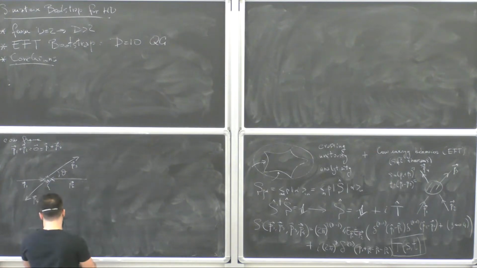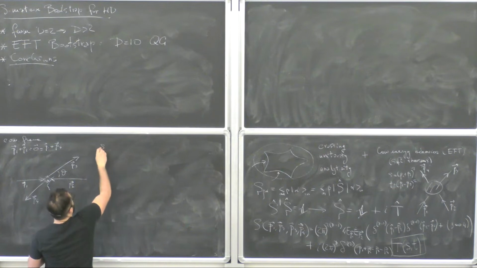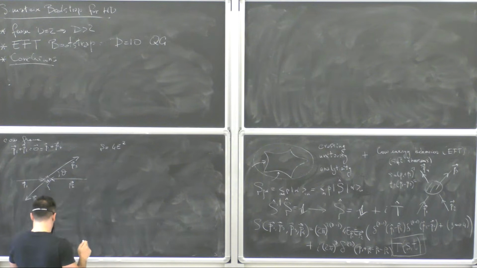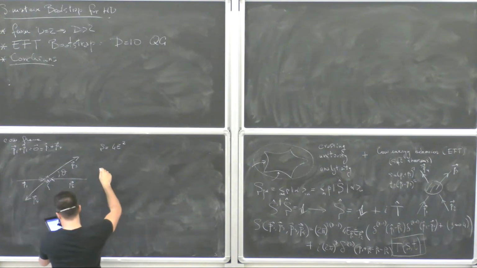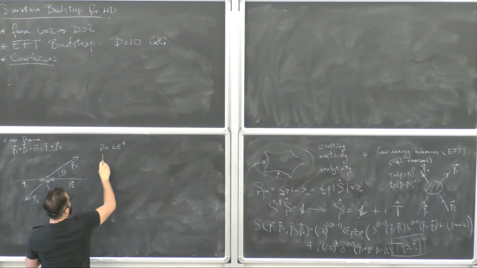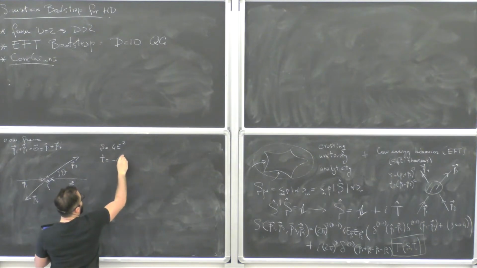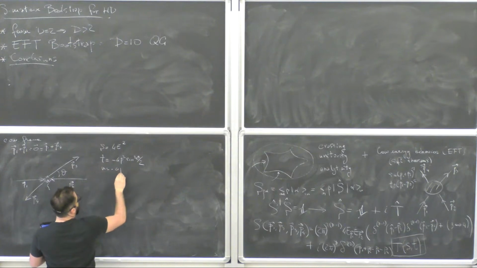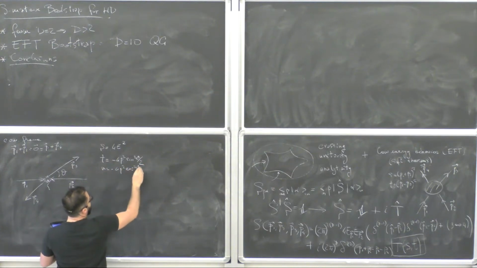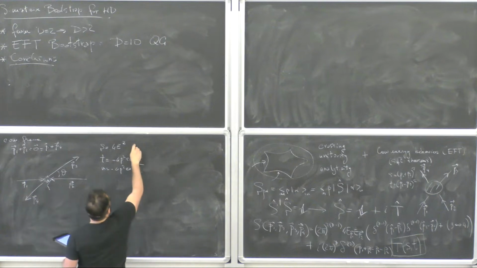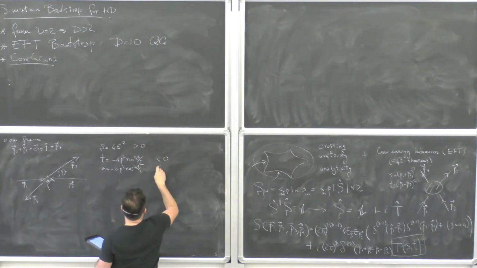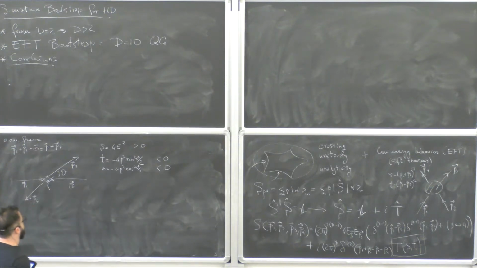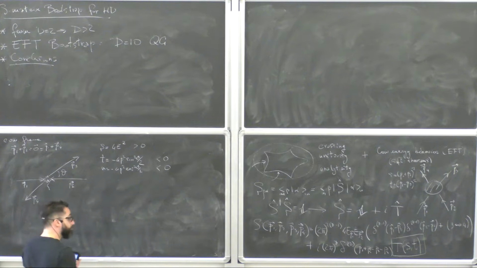And they are related to S, let me remind you, by S = 4E² of the particle, T = -4p² sin²(θ/2), and U you can just get with some algebra. S is positive, and these 2 are negative for physical processes.